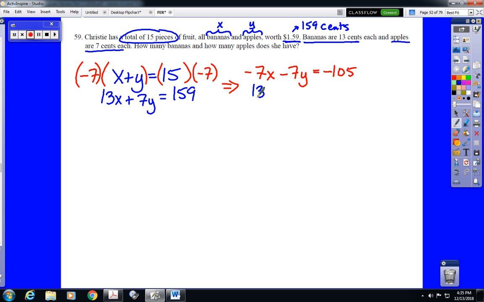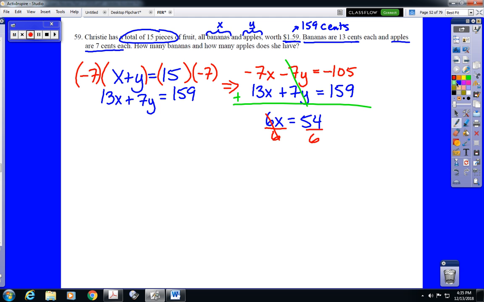And the second equation would remain 13x plus 7y equals 159. We add those equations together because we have managed to eliminate y. If we do, negative 7 plus 13 is 6x, and negative 105 plus 159 is 54. Divide by 6, and we get x is 9.